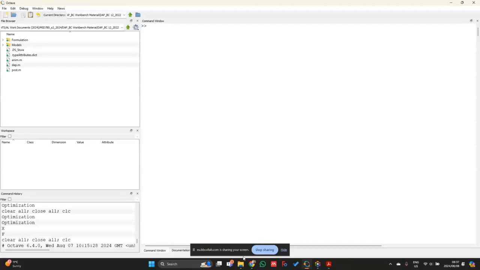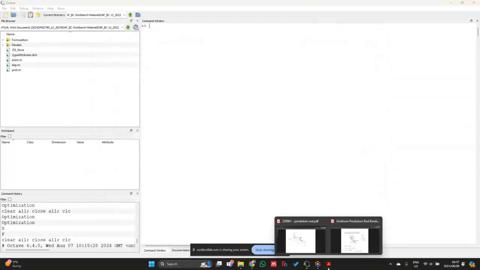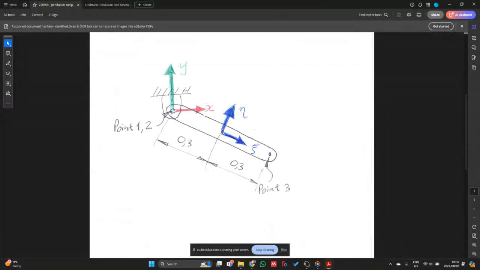Okay, so before we now jump in, let's quickly look at the undriven pendulum rod's kinetics. And my advice would always be to first start off just with a regular diagram of where you want to locate your local coordinate system and then your global coordinate system as well. So your local coordinate system for the DAP BC workbench will always be located at the center of mass.